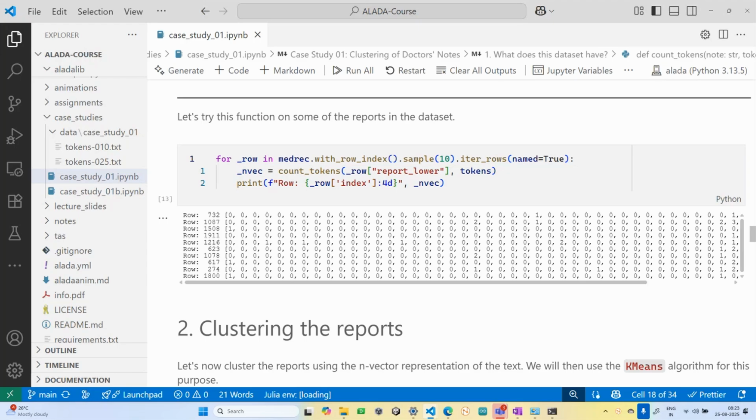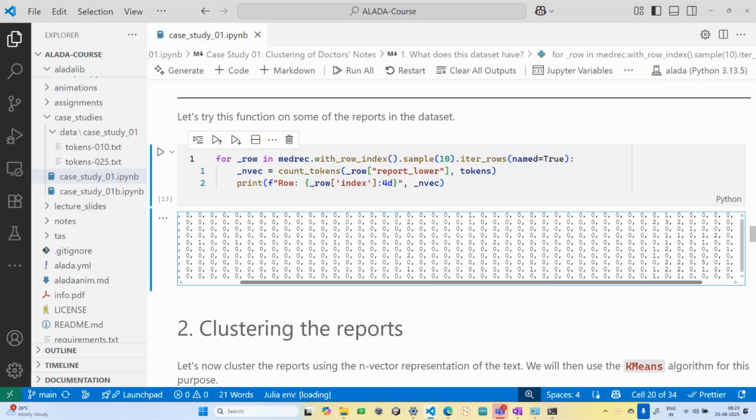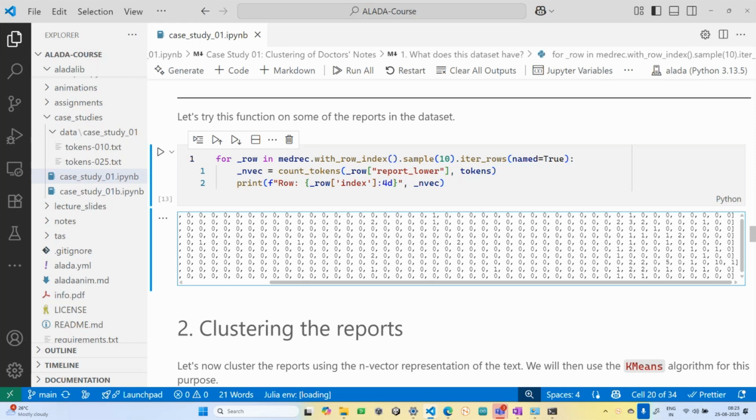That means in our original data, I take the note corresponding to the 732nd row, and I'm printing the count vector here. So it looks like in this one, all the initial terms do not appear, and then this term, I don't know what index that is, is 1, and then there is another one. So at least in row 732, only 2 of the tokens that we are looking at appear, and they appear only once.